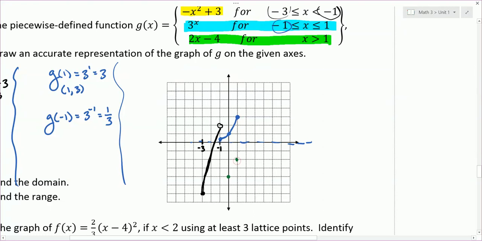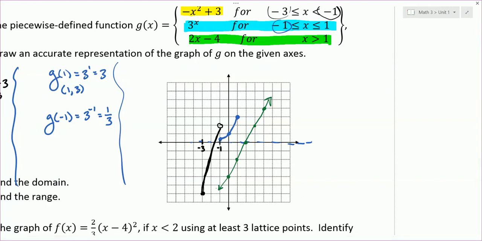So up 2, right 1, up 2, right 1, and so on, and there's our line. Sorry, it's a little crooked there, but that's y equals 2x minus 4.